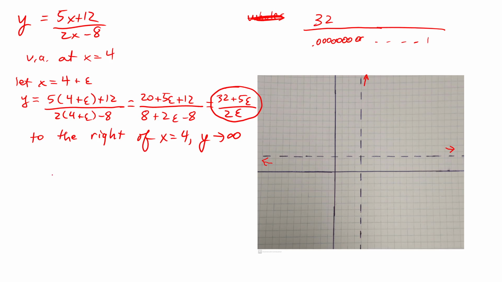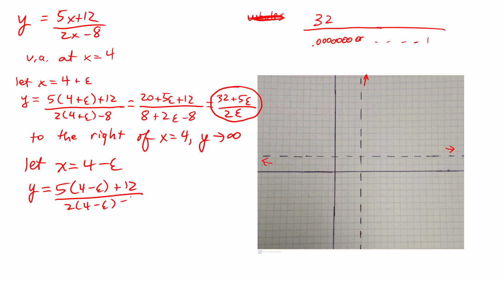And similarly, now we're going to let x equal 4 minus epsilon. Well, we have y is equal to 5 times 4 minus epsilon plus 12 over 2 times 4 minus epsilon minus 8. We get 20 minus 5 epsilon plus 12 over 8 minus 2 epsilon minus 8.